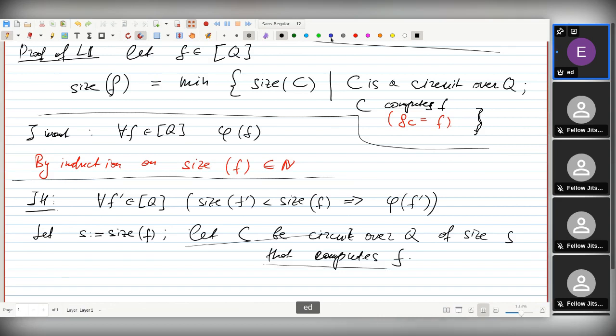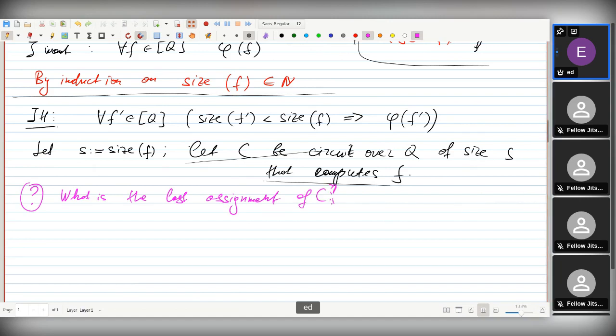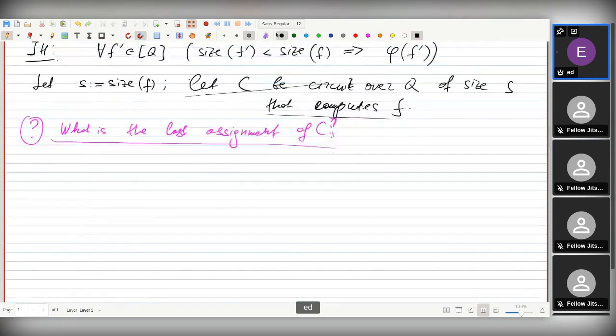Let us analyze this circuit. If you remember the definition of a circuit, you know that there are just three cases of what the last assignment of our circuit C may be. There are two cases that comprise a base and one which corresponds to the step of induction.